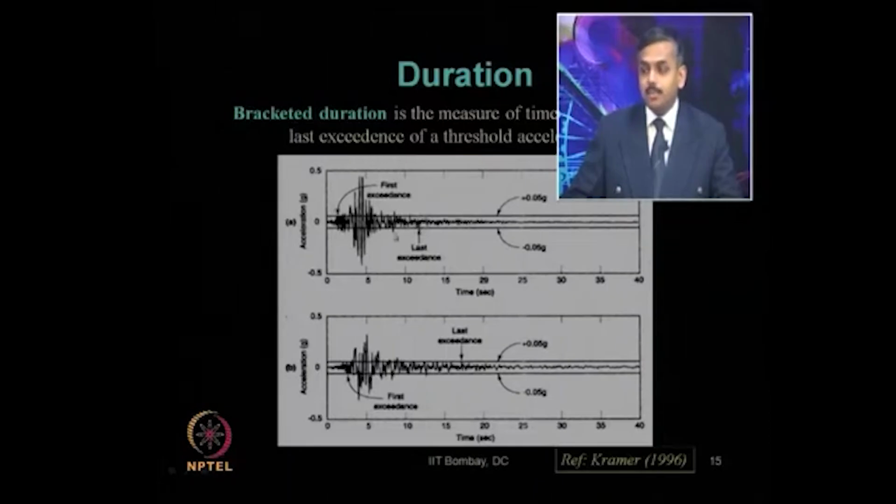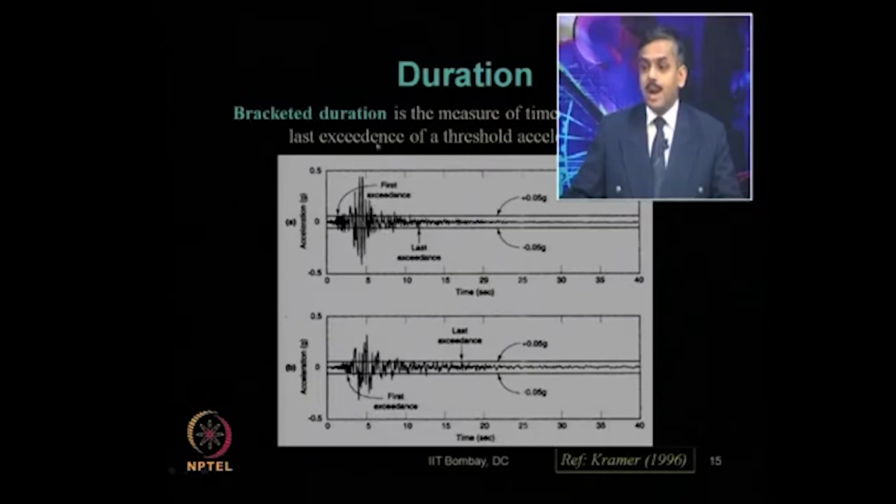So, this time to that time, this duration is called the bracketed duration, which is important for our civil engineers to design any structure, whether substructure or superstructure, under earthquake condition.